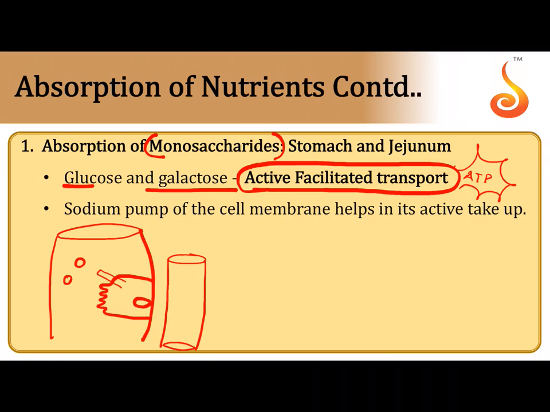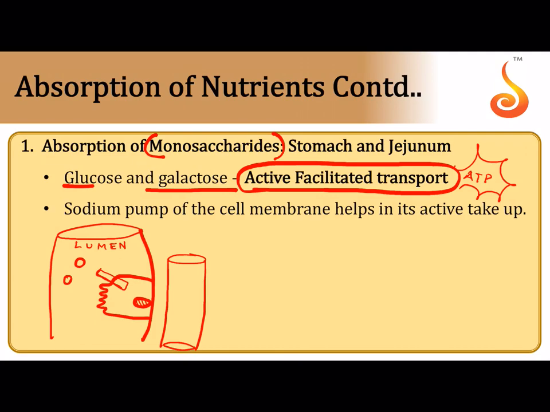There are special transport proteins in the membrane of the cell lining your intestine. Now this is the cavity of your intestine where the digestion is happening, and this is a mucosal cell. It is the cell of the villus of your intestine. There are special proteins called carrier proteins which help in the transport of glucose and galactose, and that's why whenever a carrier protein is involved, we call this kind of diffusion facilitated diffusion or facilitated transport.